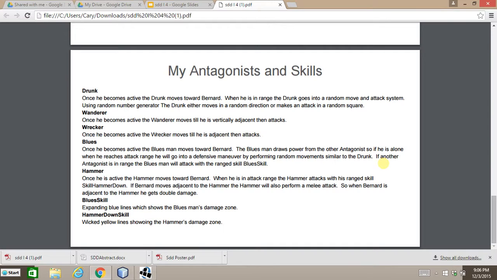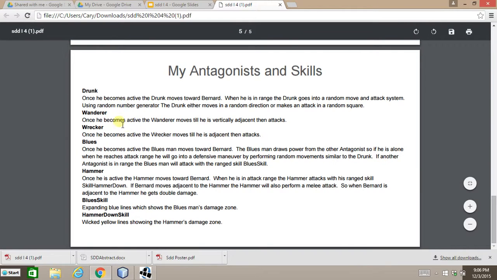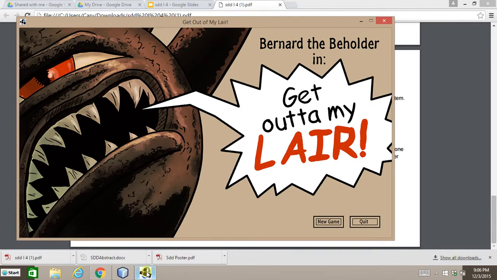Whenever I made changes to it, I would go into the other antagonists that Joe B had made and fix it. So I basically did programming work on all of the antagonists, but these are the ones I was assigned to do: the Drunk, the Wanderer, the Wrecker, the Blues Man and the Hammer, and then the 2 skills for the distance characters, the blue skill and the hammer down skill. And we can see all that stuff happening right here.